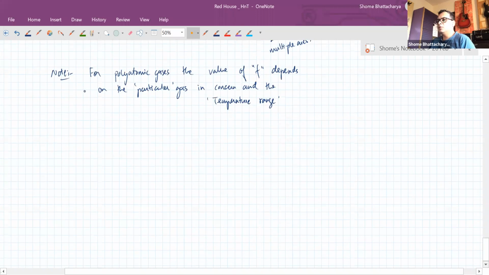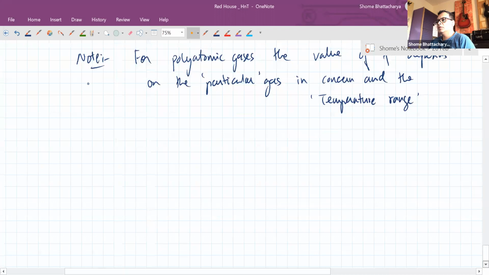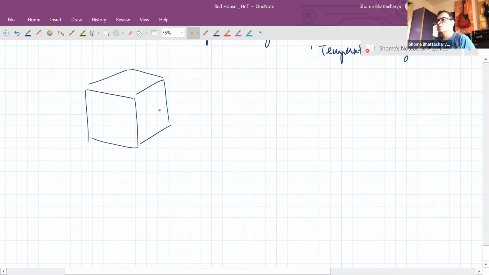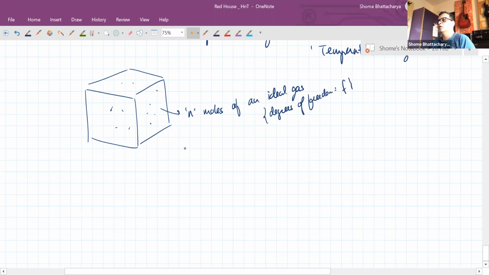So first of all, if we have a sample of gas which is of n moles of an ideal gas which has degrees of freedom equal to F at pressure P, volume V, and temperature T. We know that half m vRMS square is 3 by 2 k, because whatever be the total degrees of freedom, translational degrees of freedom are only 3.